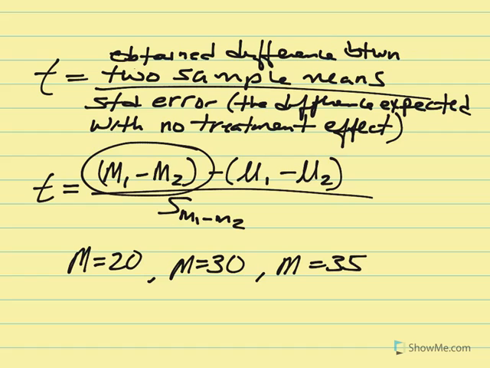And in fact, if we reflect back on Chapter 9, which is the t-test for a single sample mean, the numerator of the equation was M minus mu. For the t-test for independent sample means is illustrated here, where we take sample mean 1 minus sample mean 2.